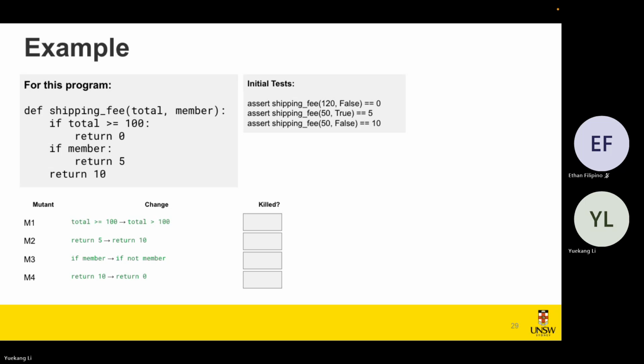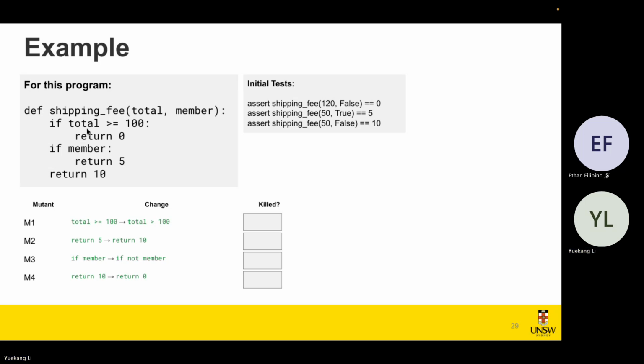So let's try an example to practice the process of doing mutation testing. Let's consider this program here. This program calculates the shipping fee, which accepts two parameters, the total number of shipping and the membership check.